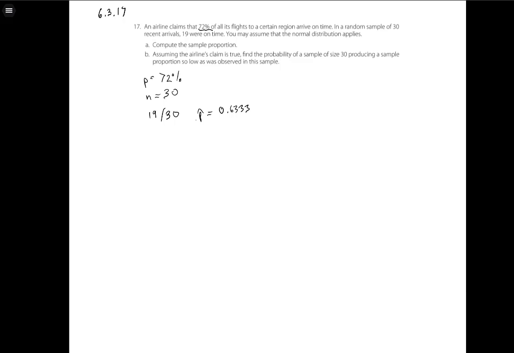Good, so sample proportion A, well, we just did A right there. B. So in B, assume the airline's claim is true. Find the probability of a sample size 30 producing a sample proportion so low as was observed in the sample. So we're looking at a sample proportion. We know that's a normal distribution, that the mean of the proportion of samples is the proportion, so here we have 0.72.